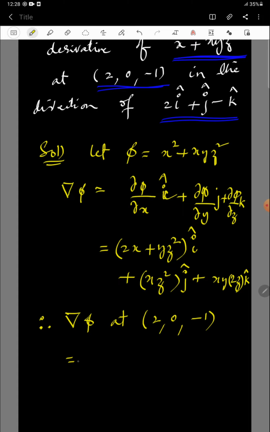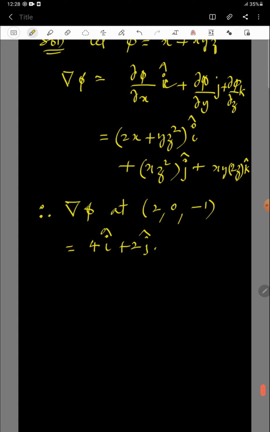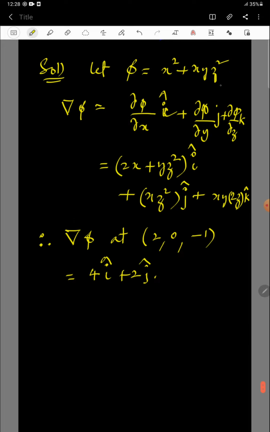That vector is equal to, when x is 2 it will be 4, because y is 0 that is gone, so it will become 4i, and when x is 2 and z is minus 1, so that will become plus 1 into 2 is 2, so it will be 2j. And the third one, because y is 0, is completely gone, so del phi is this one. Now this is completely one part. Whatever scalar function is given, find the gradient, substitute the point. So this part is one part.